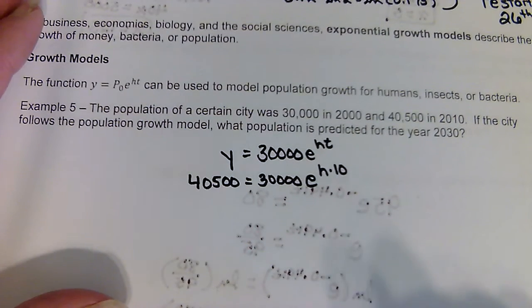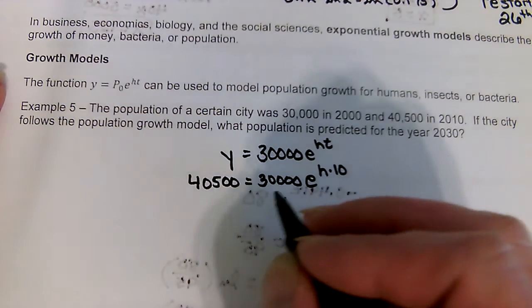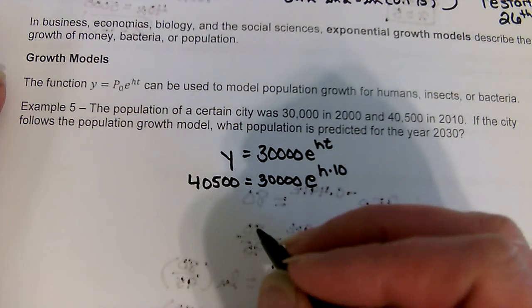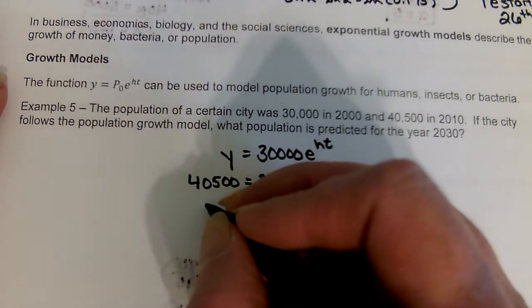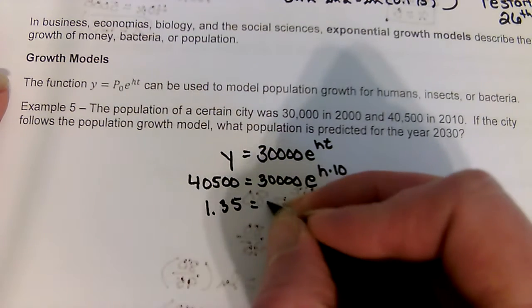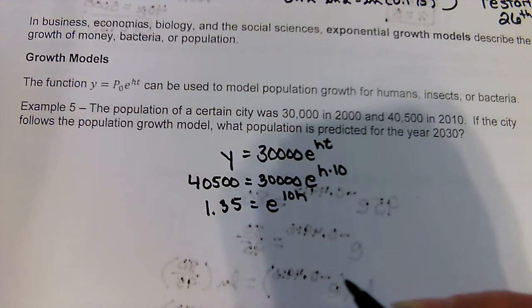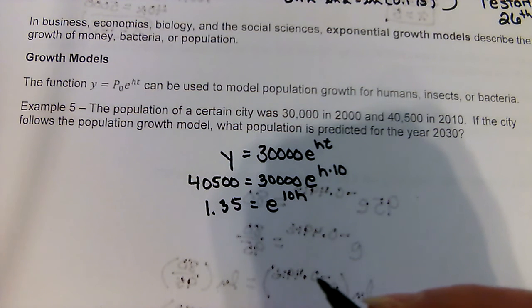So we're going to find h so that we have a specific model, and h would be considered kind of the growth rate, for lack of better terms. So we need to find h. So the first thing we're going to do is divide by 30,000, and I get 1.35 equals e to the 10h. Now this one's really easy to rewrite as a logarithm, right?